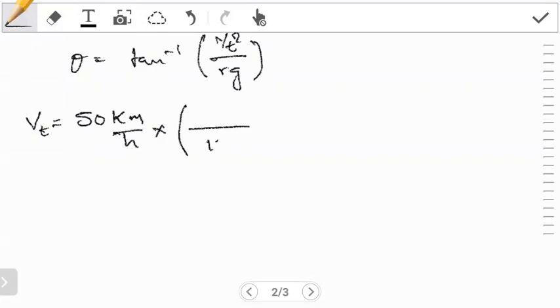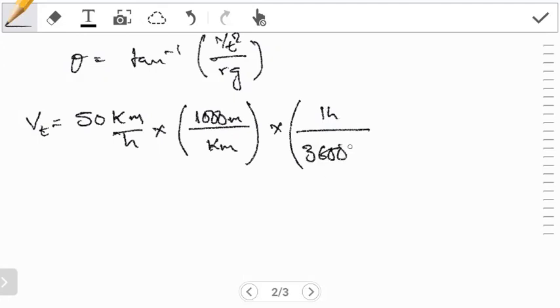So I'm going to have the kilometer in the denominator, multiplied by 1000 meters. And I'm going to convert the time to seconds. So I'm going to have the 1 hour in the numerator, now multiplied by 3600 seconds. So if you do this, you should be able to get 13.9. This is going to be meters per second.